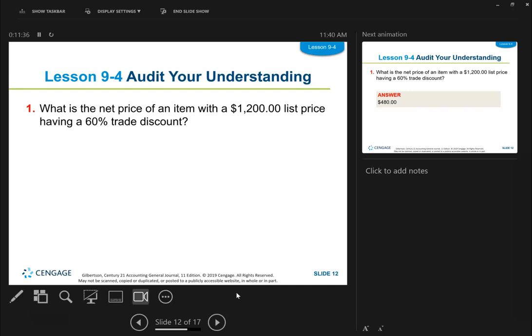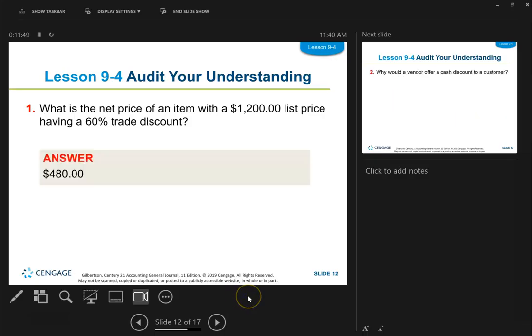All right. What is the net price of an item with a $1,200 list price having a 60% trade discount? So 60% off of 1,200 means you're paying 40% of the actual price, which is $480.